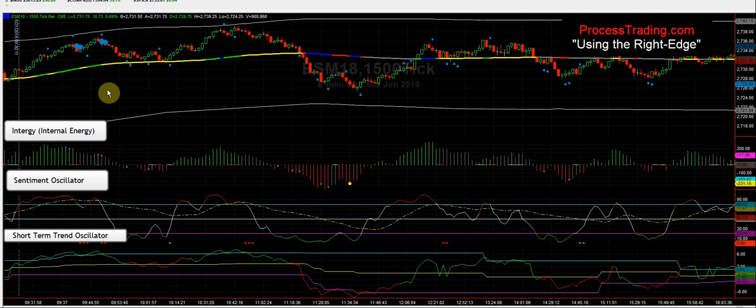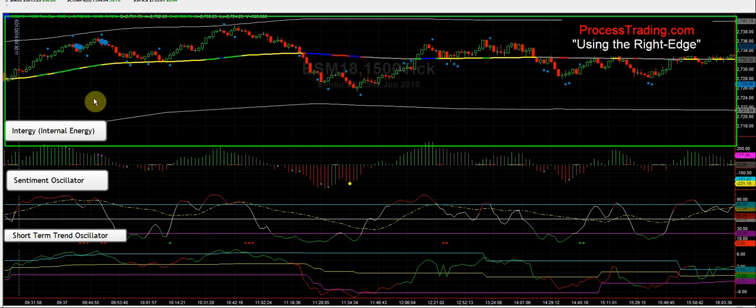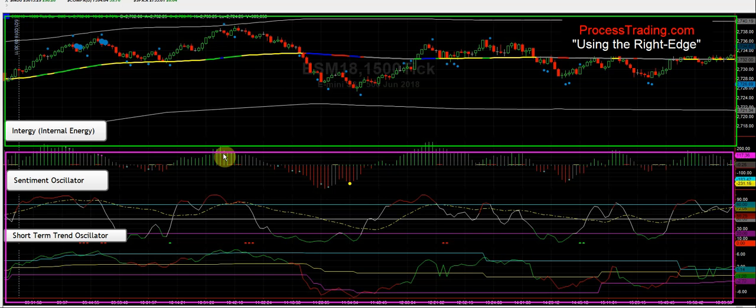That trend trading portion is a combination of the Process Trading VWAP, the timing alert dots, the price bars, and the contrarian bands, or contrabands, where they point out the places that are appropriate to take contrarian trades. Then the lower segment has the three indicators, the energy indicator, the sentiment oscillator, and the short-term trend oscillator. These are for contrarian trades or discretionary trades.